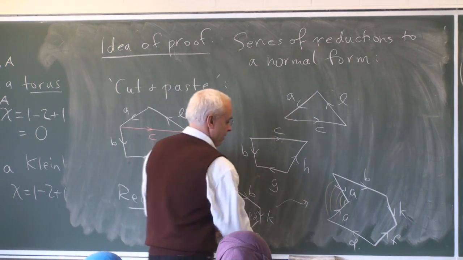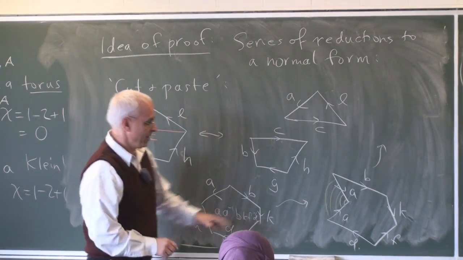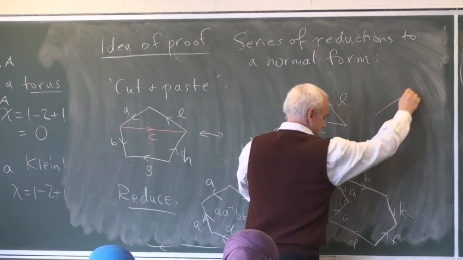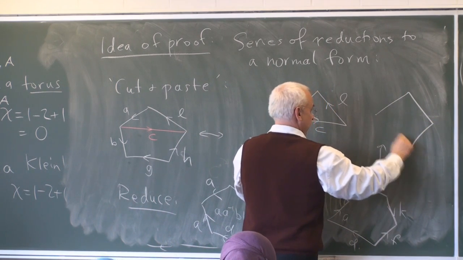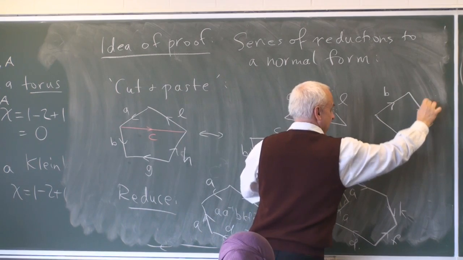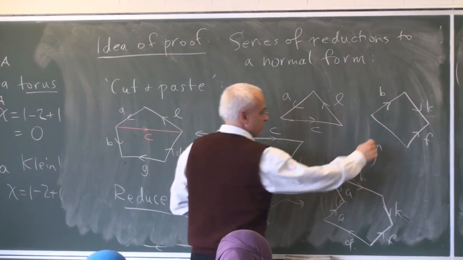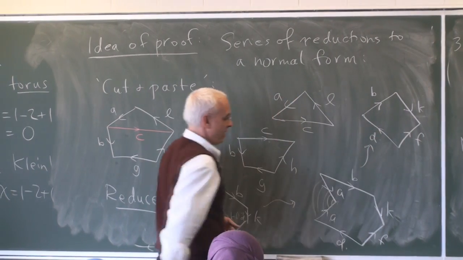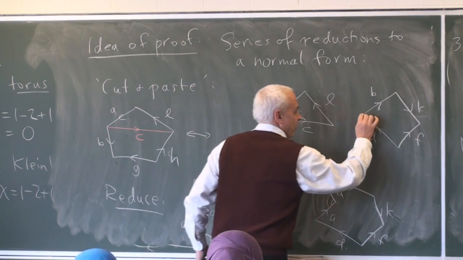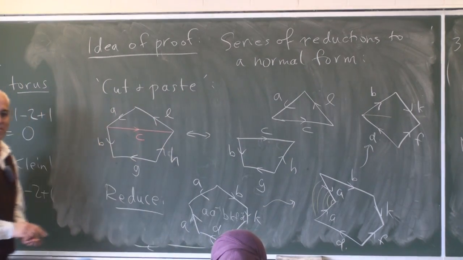And then that will give us B, K, F, and D. So now there'll be a B running this way, our K here, our F in this direction, and D in this direction. And the original vertex A has sort of been absorbed in the middle there.